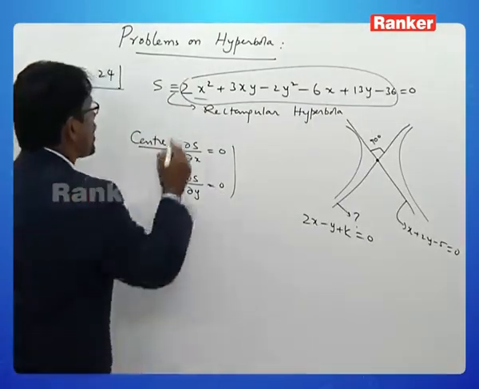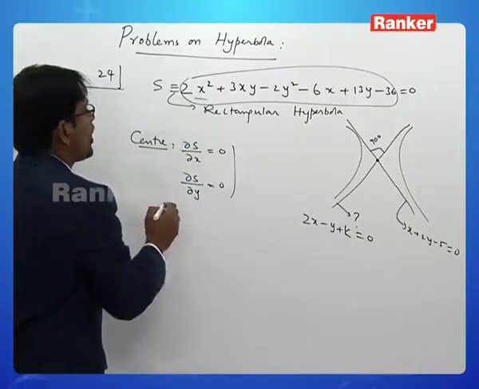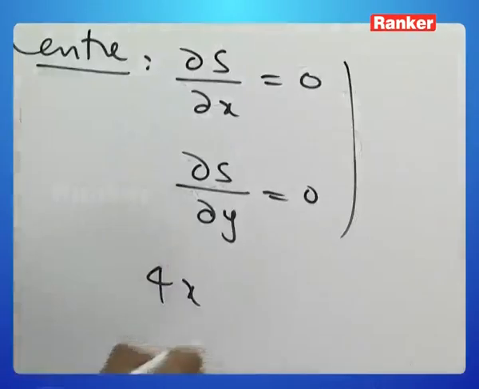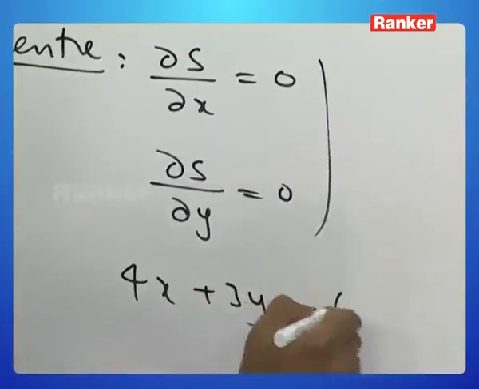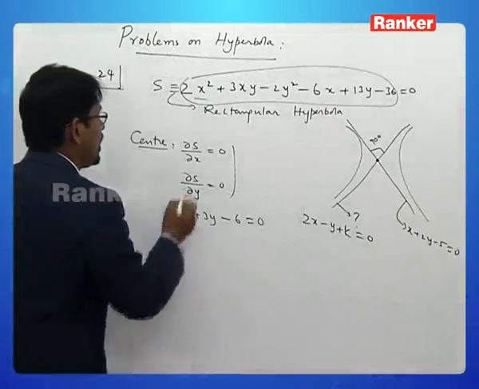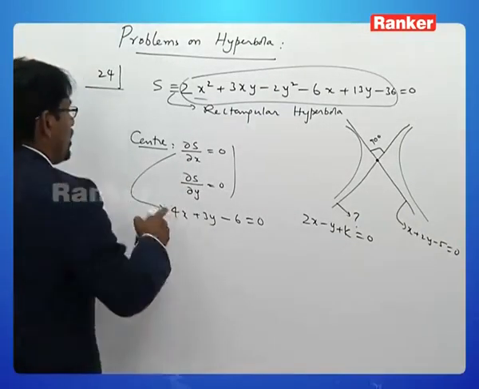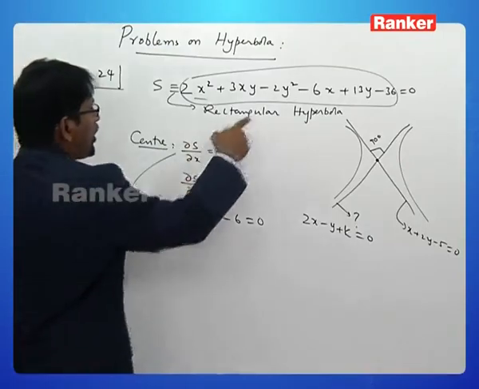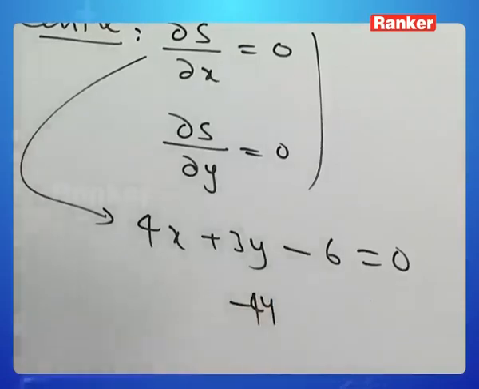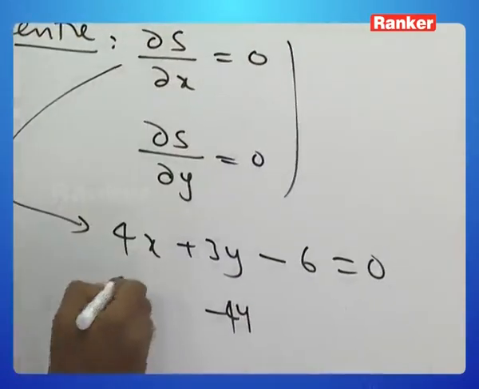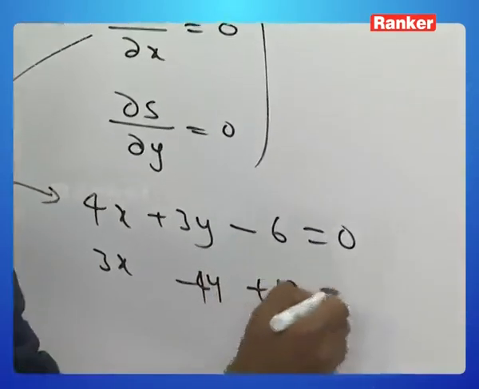What is ∂S/∂x? That is the partial derivative of S with respect to x. That's going to be 4x + 3y − 6 = 0. Similarly, ∂S/∂y, what is that going to be? −4y + 3x + 13 = 0.